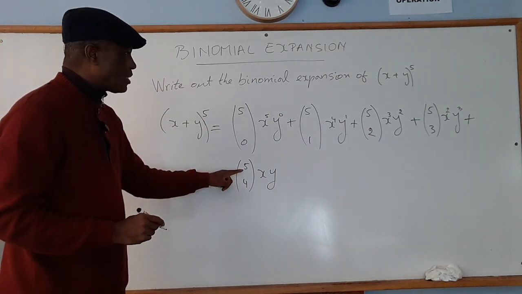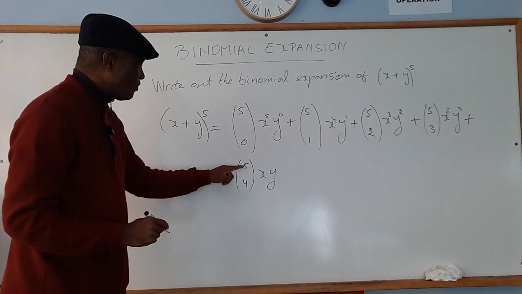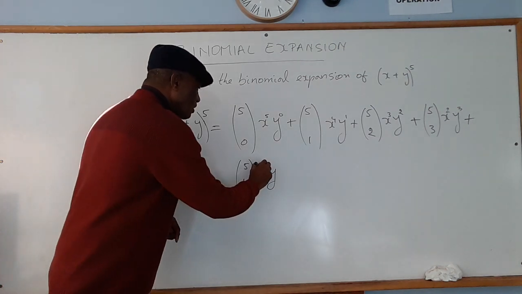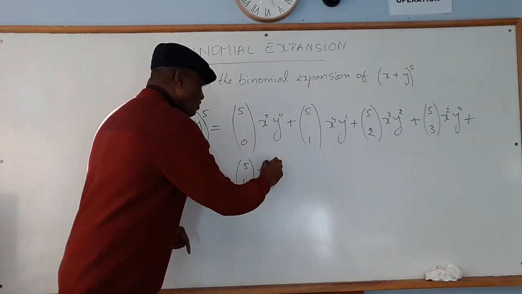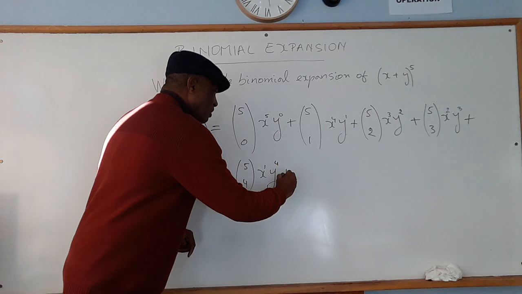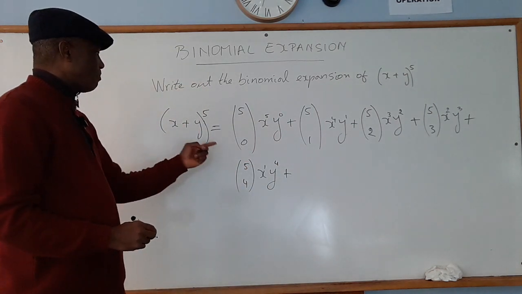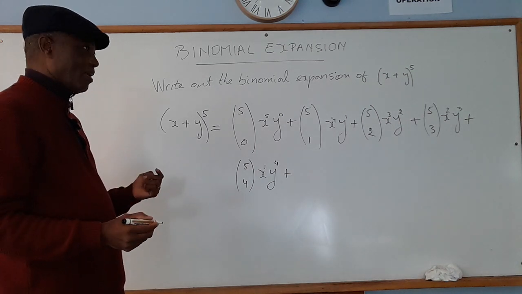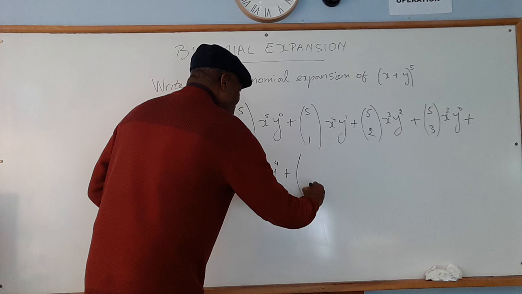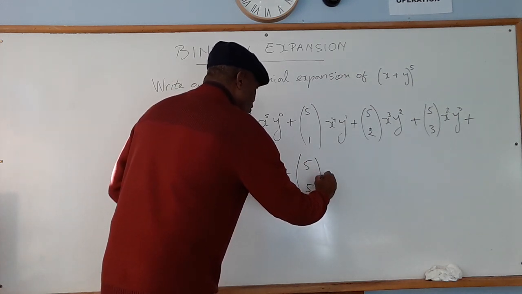So the power of x will be 5 take away 4, which is 1, and the power of y will be 4 that we have there. So here again we see that 1 plus 4 makes 5. And then the very last term, 5.